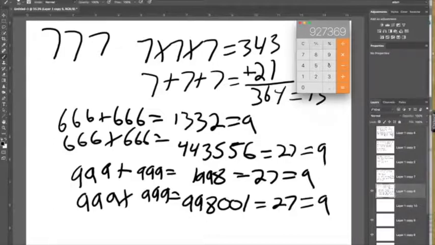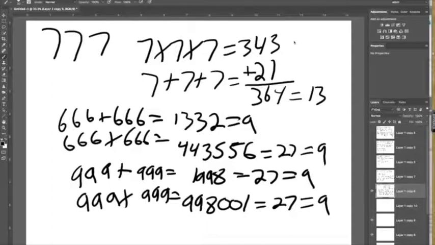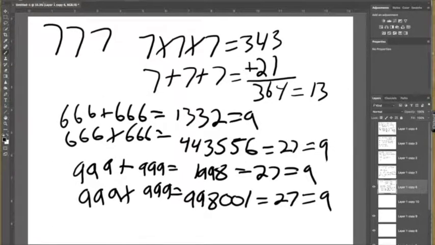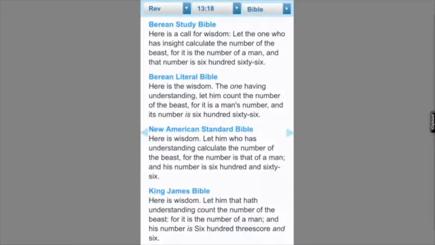Okay, so you think that 13 and all these numbers are just my thoughts, and I'm telling you that God has helped me, and I've had these theories for a very long time. One day I was reading some comments and somebody left the chapter and verse to Revelation 13:18, and this is where it says to reckon the number of the beast, right?